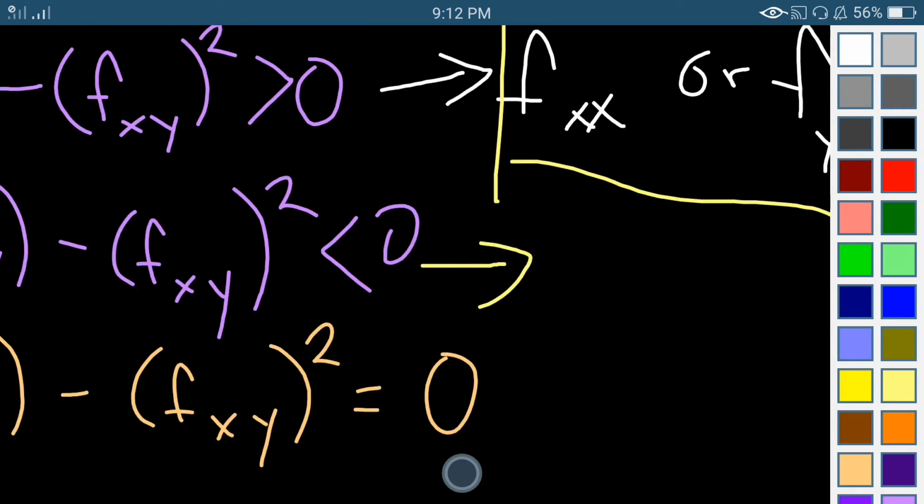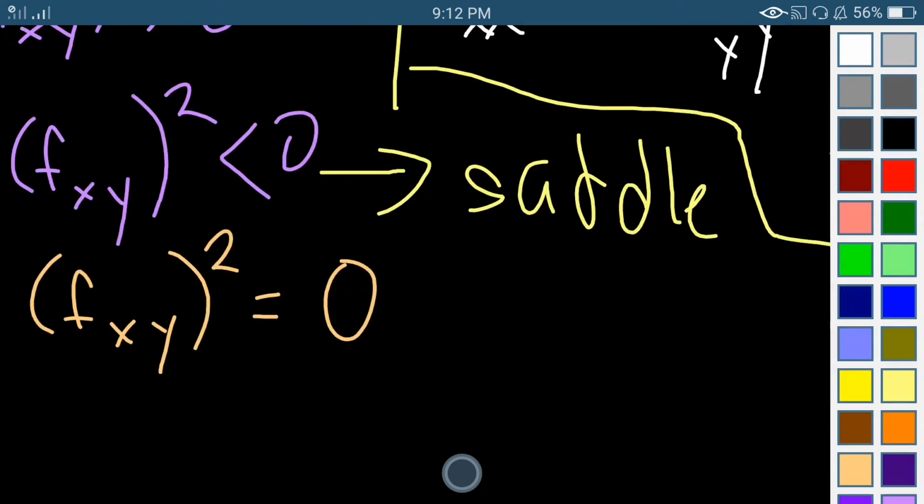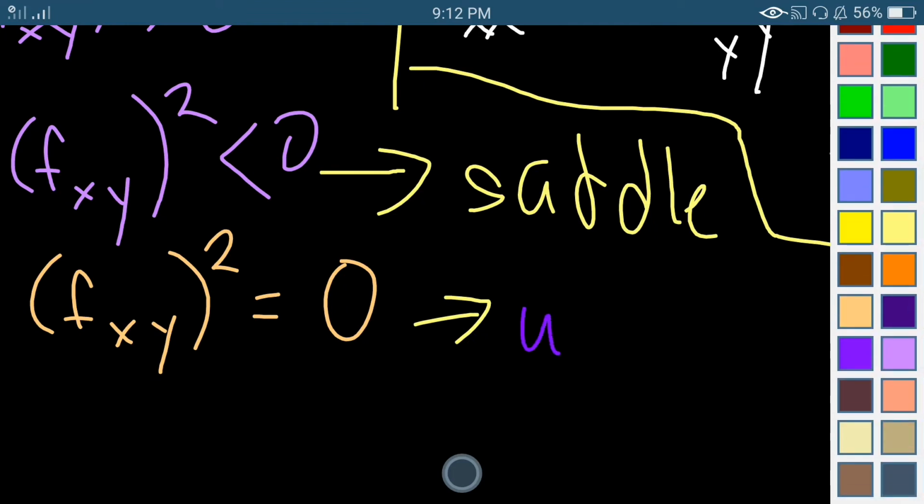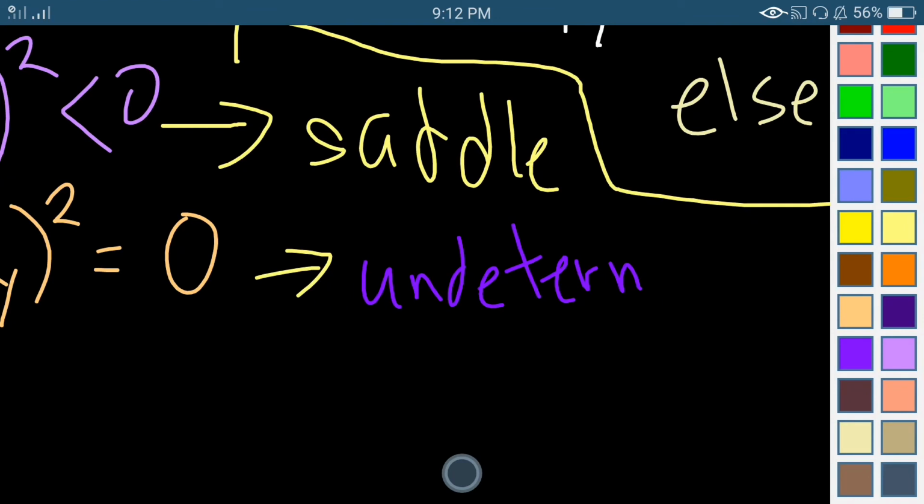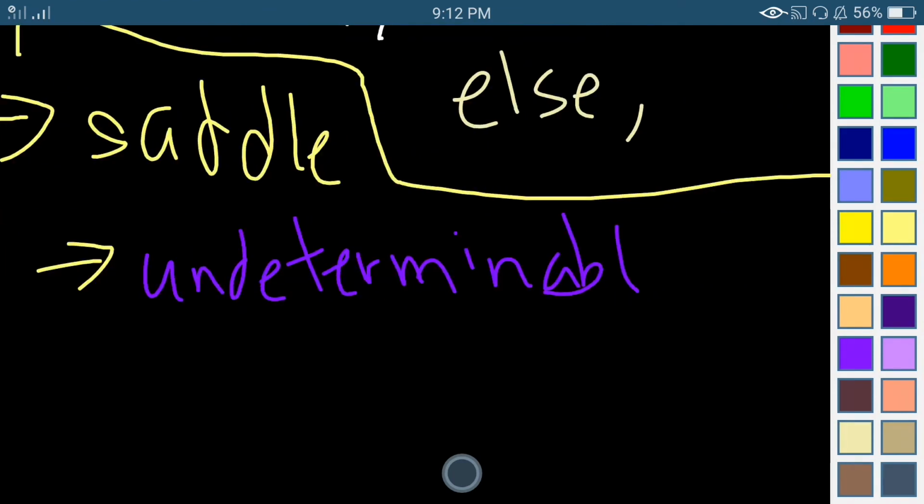If we had this case, then this case means that the function has a saddle, and if it's this case, then it's undetermined, or cannot conclude, or can't conclude.